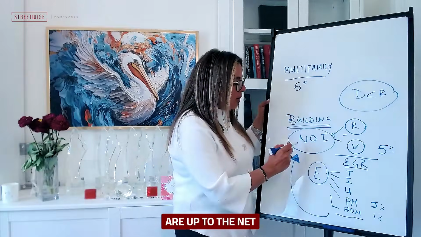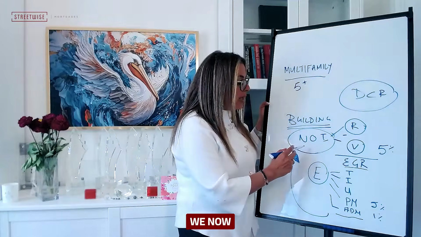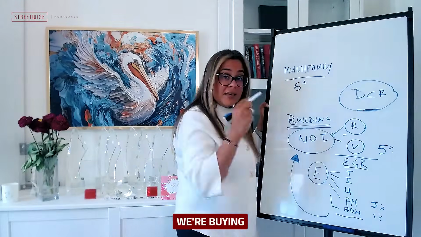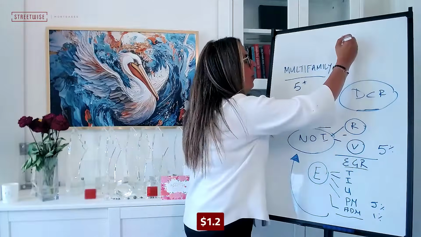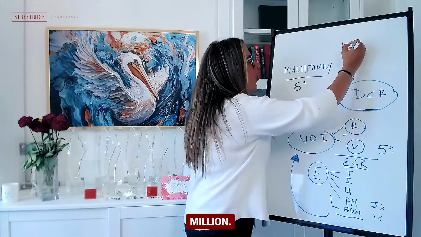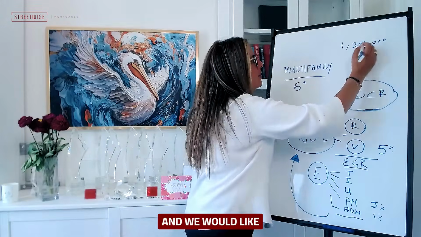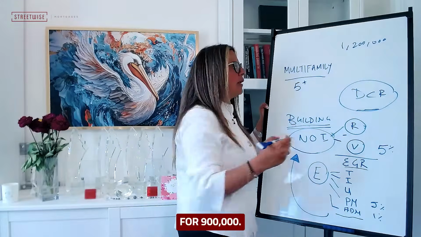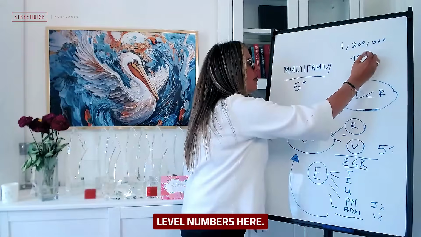So once we arrive to the net operating income, we now are a step closer to calculating this debt coverage. So let's say we're buying the building for $1.2 million, and we would like to get a mortgage on this building for $900,000. I'm just using some high level numbers here.